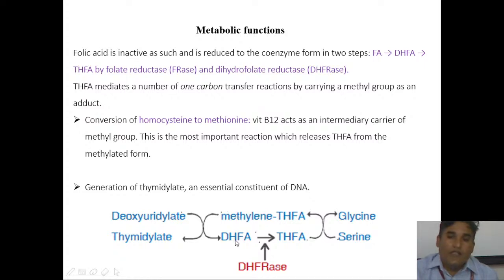Dihydrofolic acid is converted into tetrahydrofolic acid by dihydrofolate reductase, and serine gets converted to glycine.